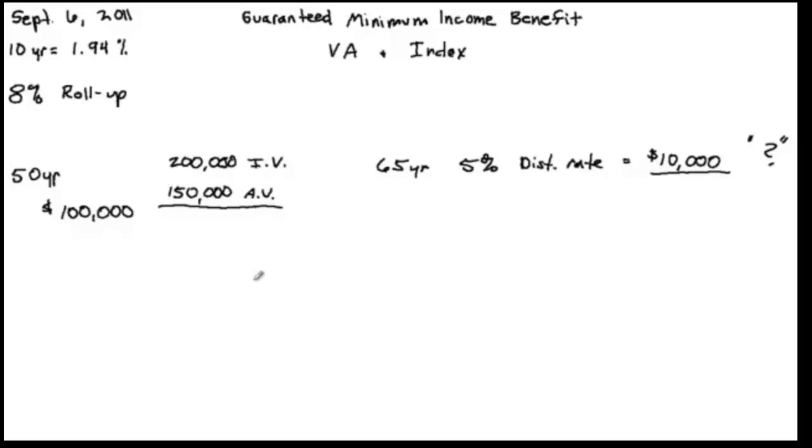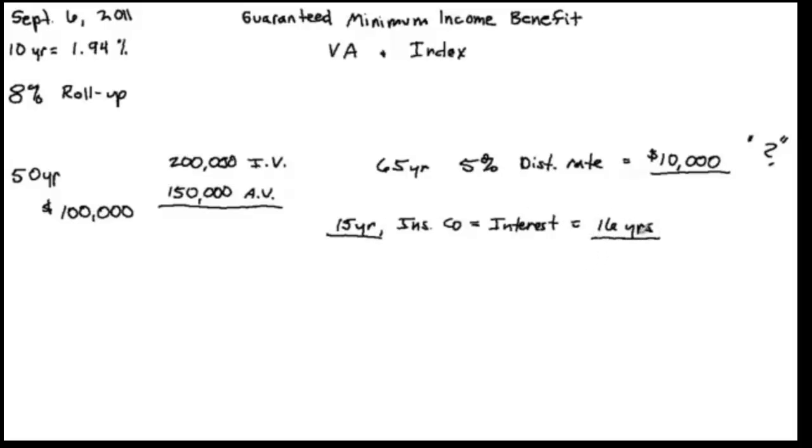Well, let's just go through what actually happened here. Over that 15-year period of time, the insurance company was earning interest. And we're taking this 10,000, so obviously we could get 15 years out of this 150, but because they're earning interest, let's keep it simple and say that we're able to get 16 years' worth of income out of this 150, meaning 10,000 into 150 is 15 years, plus we're getting some interest, so we're actually going to get 16 years.